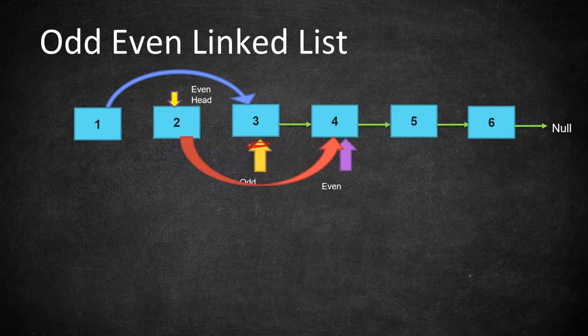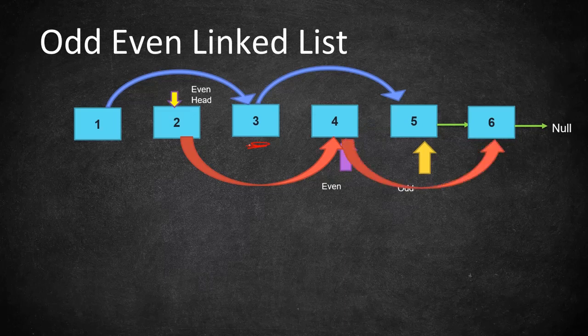In the same way, these pointers are going to remove the connections and travel one node after another to establish the odd and even connections. Finally, the odd and even pointers move towards the end of the linked list, because after 5 there is only null left. Since everything is done, we have to make a connection from the odd node's end to the even node's start.